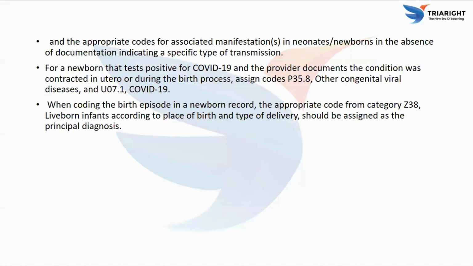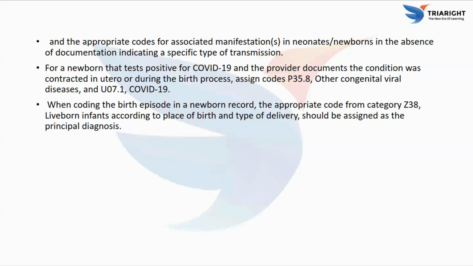So if a baby tests positive for COVID-19 and the doctor states the infection happened in utero, that is inside the womb, or during the birth, so we have to assign P35.8 for other congenital viral infections and U07.1 for COVID-19. So congenital COVID-19 is nothing but the P35.8 plus U07.1 code combination.